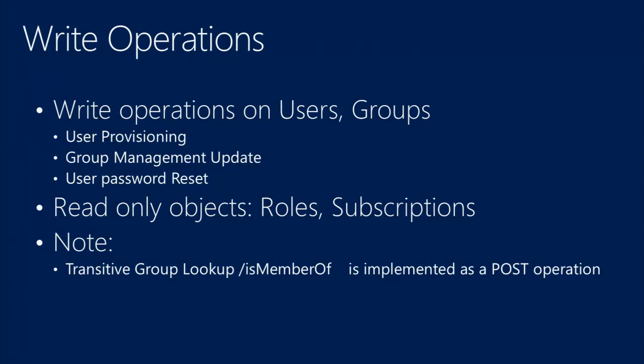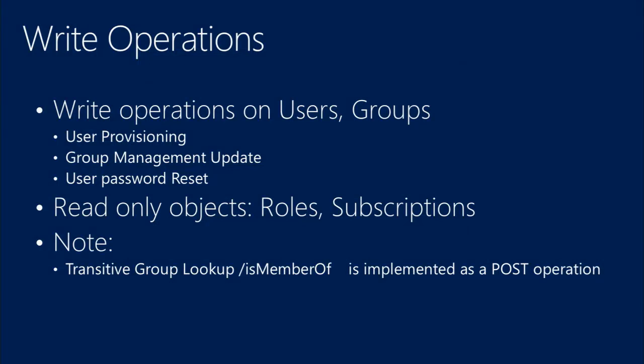And I should also make a note. Generally, when you do read, they're usually get operations. There's one caveat to that, which is the transitive group lookup. There's a method called isMemberOf. Basically, if you want to find out if a user is a member of a specific group, you specify the group and specify the user, and it'll come back true or false.